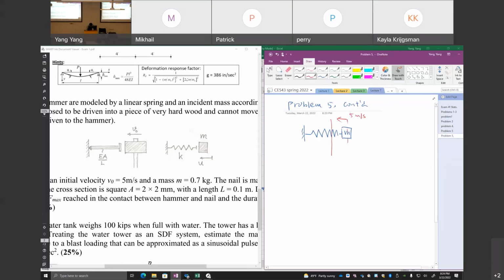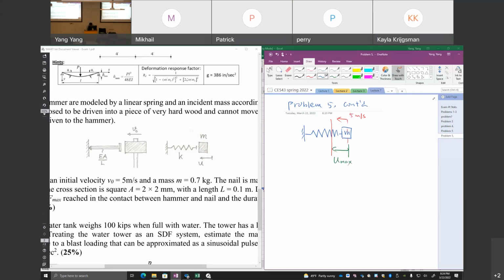The hammer will reach the maximum displacement here. So this is the maximum displacement. And the hammer will go back to its initial state.